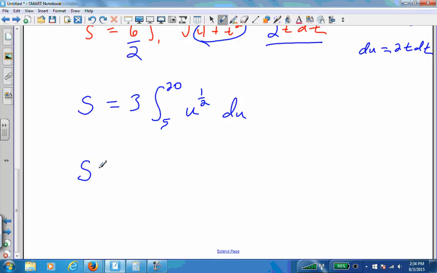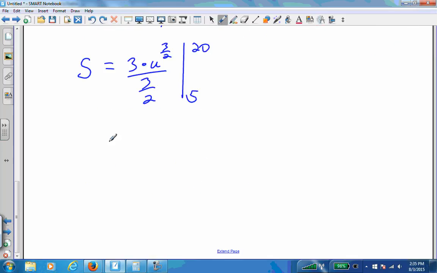So our arc length is 3 times, integrate u to the 1/2, so that's u to the 1 bigger power over that power, evaluated from 5 to 20. So notice, instead of dividing by 3/2, we can multiply by 2/3.